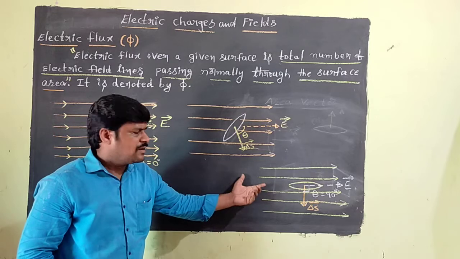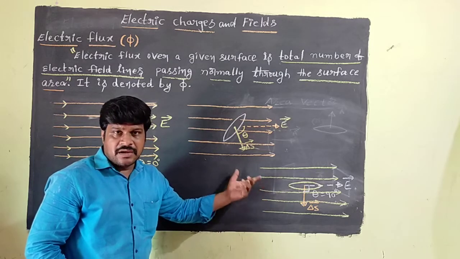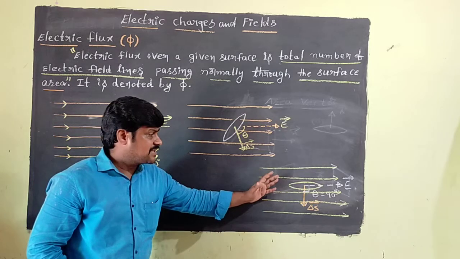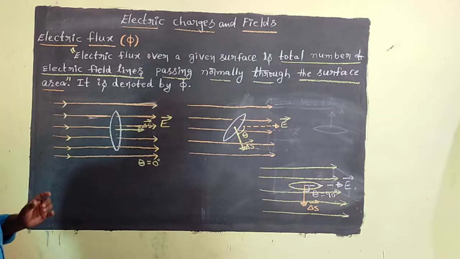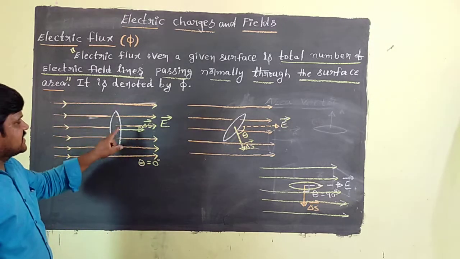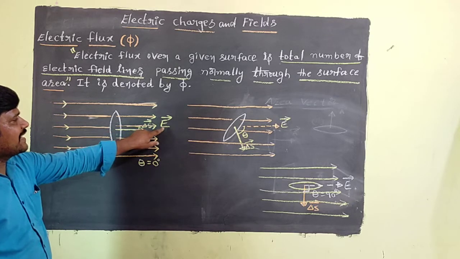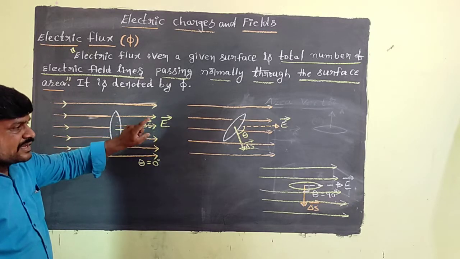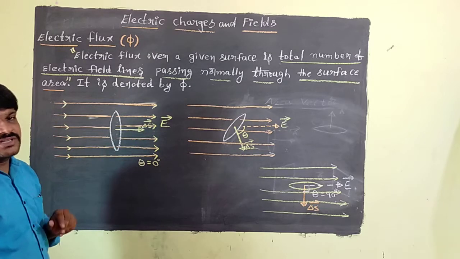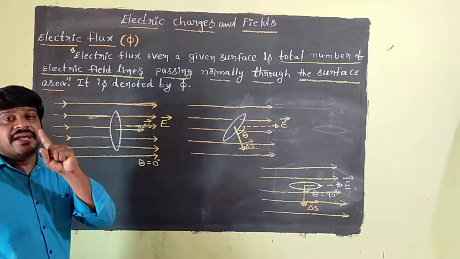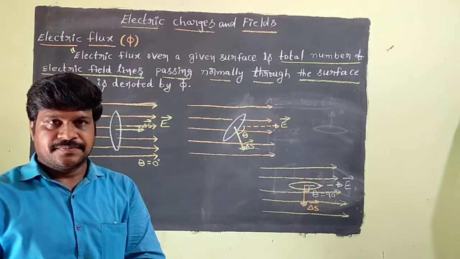Because no electric field line passes through the area. So if the angle between electric field and area vector increases, the flux decreases, which is possible only if you take the cos function.